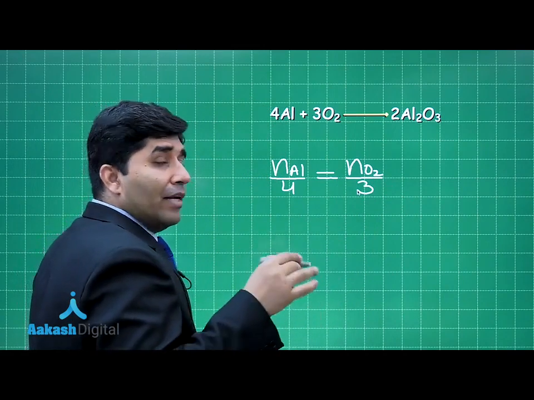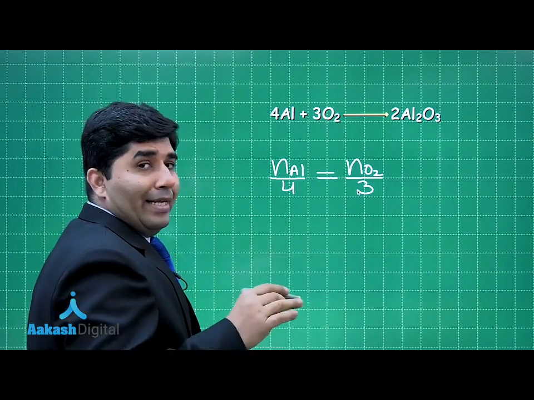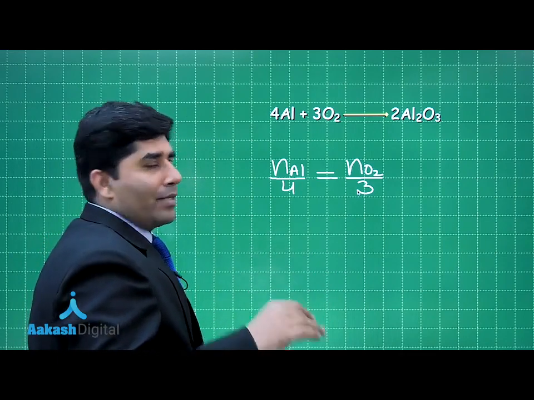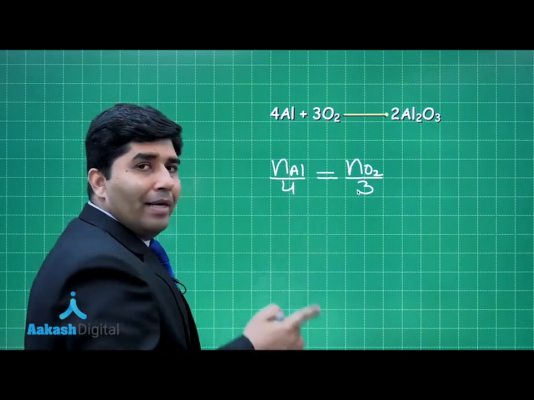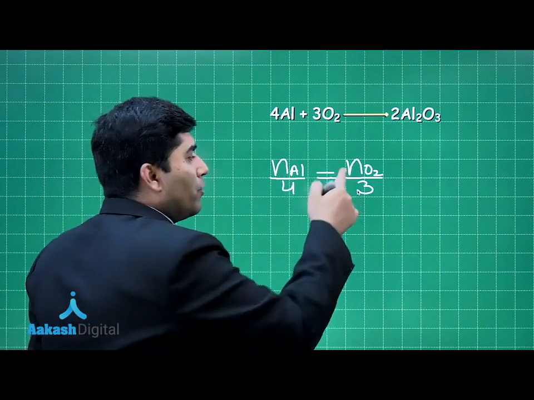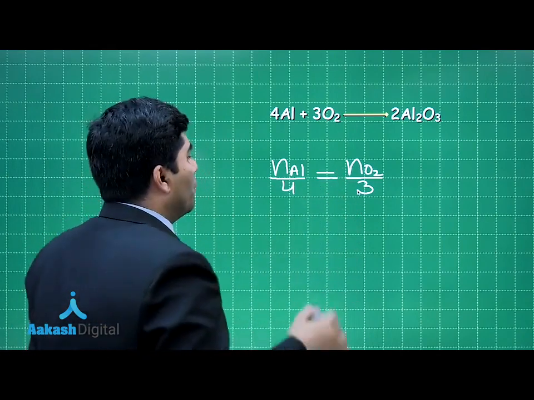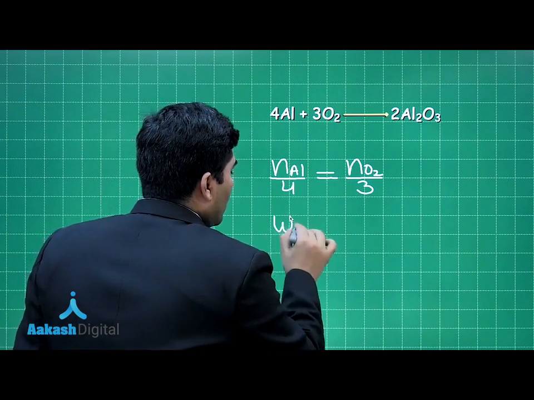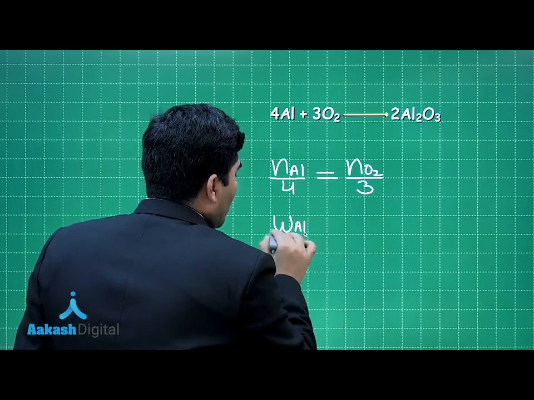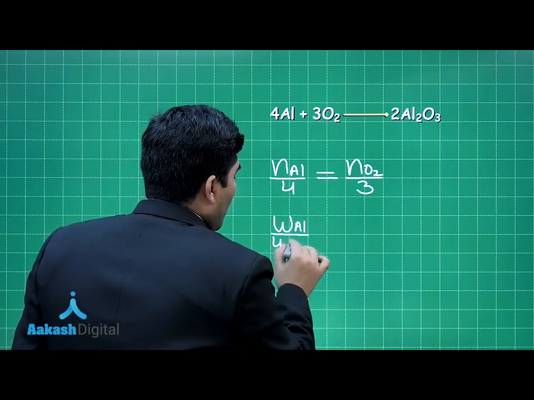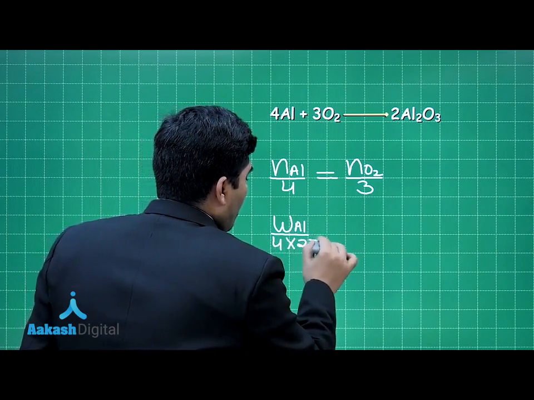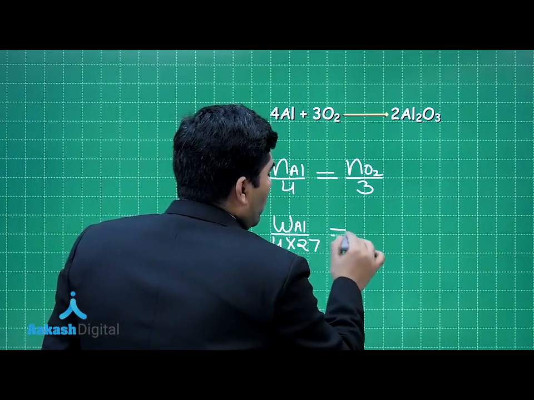And how do we find the number of moles? It is given weight upon molar mass. The molar mass of aluminium is 27 and the molar mass of oxygen is 32.